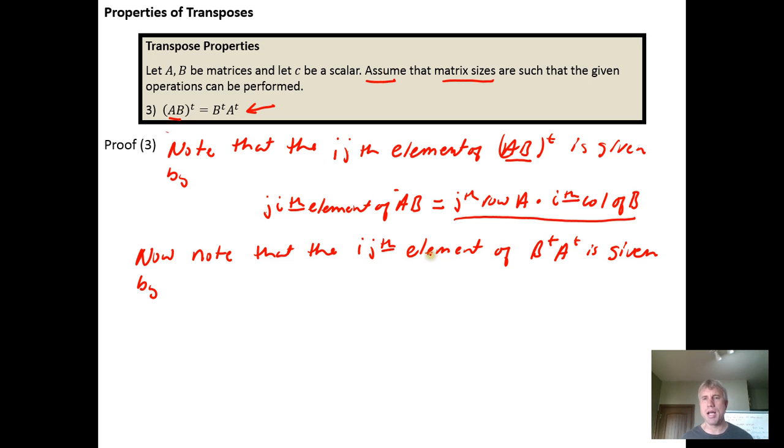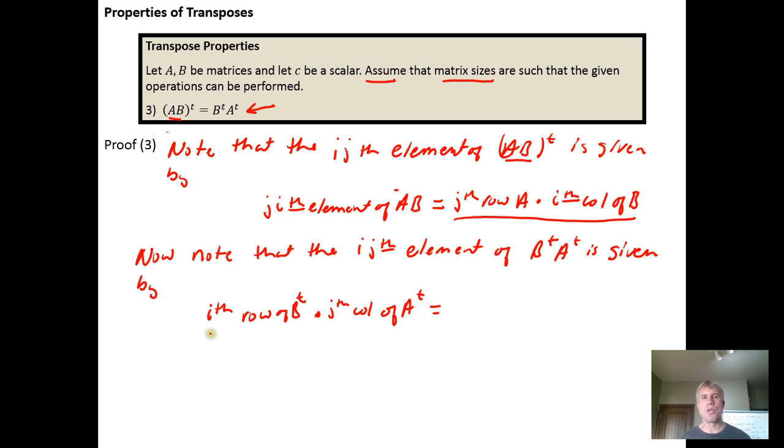So the ijth element of B transpose times A transpose is going to be the ith row of B transpose dotted with the jth column of A transpose. So the ijth element is the ith row dotted with the jth column of the two matrices that we have.